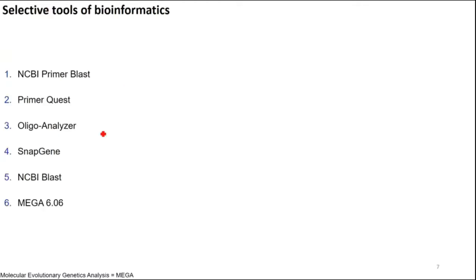And the bioinformatics tools that we will utilize today are the NCBI Primer-BLAST, Primer Quest, and the Oligo Analyzer. We will also see one new software, SnapGene, that I utilized throughout my career, and it is very beneficial. Though it is a paid one, its free version is also available that gives some limited facilities.